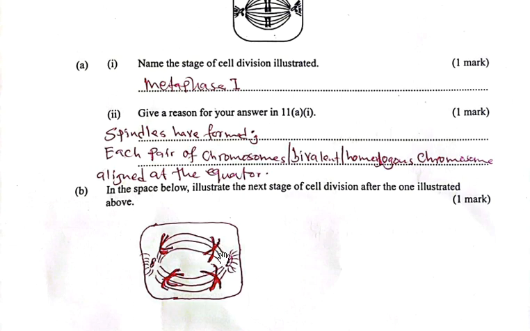This chromosome is moving this direction to the opposite pole, the same to this one. Then also this one is moving towards the opposite pole. This one is moving towards the opposite pole. And in anaphase 1, realize they form something like a V shape when they are moving towards the opposite pole.